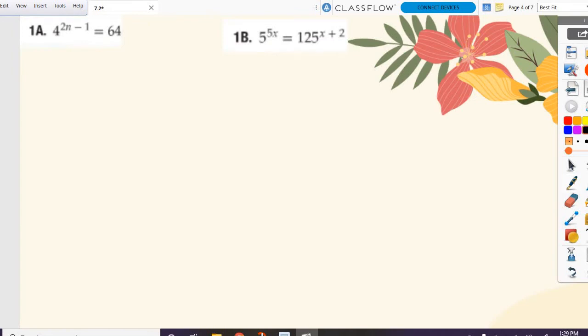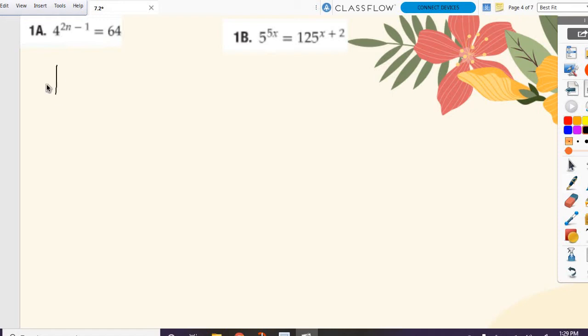On our next one, we have a 4 and we have a 64. So again, we're looking at, is there a way that I can rewrite 4 to have the same base as 64, or 64 to have the same base as 4? And the good rule of thumb is we're always going to rewrite the bigger one. Now, sometimes we might have to rewrite both of them, but you will never just rewrite your smaller base.